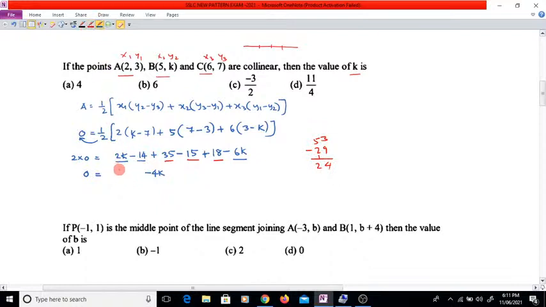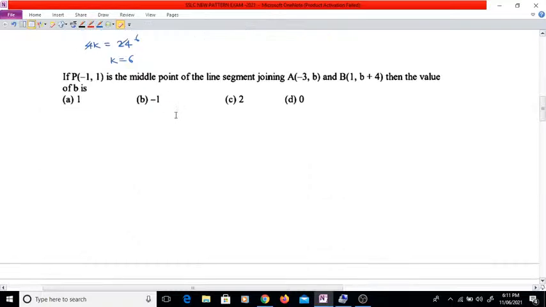So this will be 24 minus 4k. We will transfer this 4k onto this side, that is plus 4k. 4k equals 24, 4 sixes are 24, therefore k equals 6. So the answer is option B. The value of k is 6.